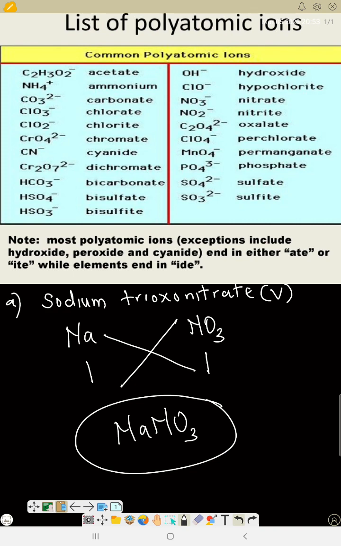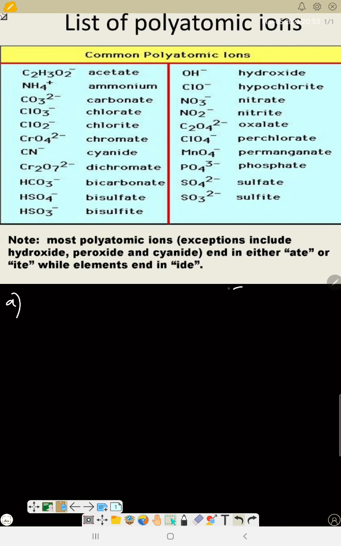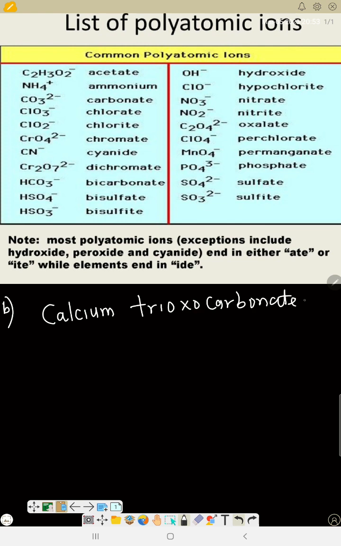So now let's see another one. Calcium trioxocarbonate 4.